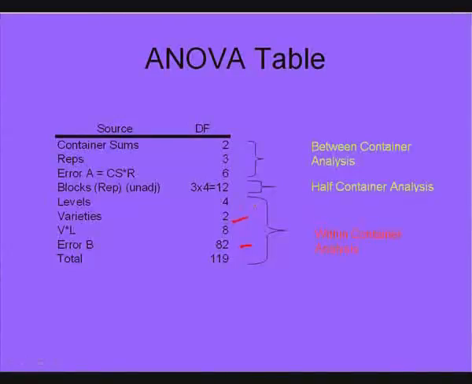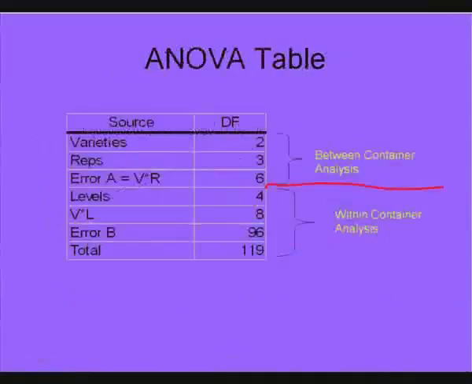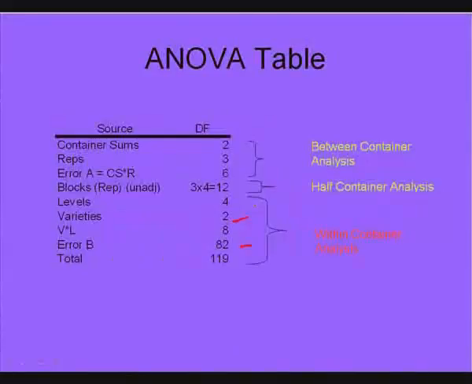We really don't lose any information on the levels, and we don't lose any information on the variety by level interaction. I guess our error degrees of freedom dropped from 96 to 82, but 82 is still pretty darn big and should give good results.